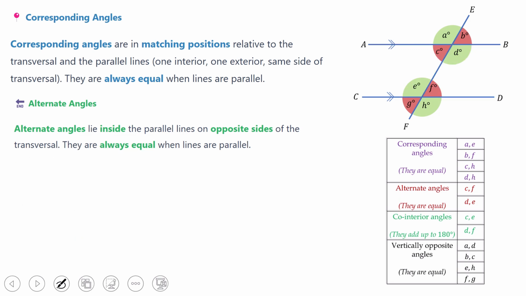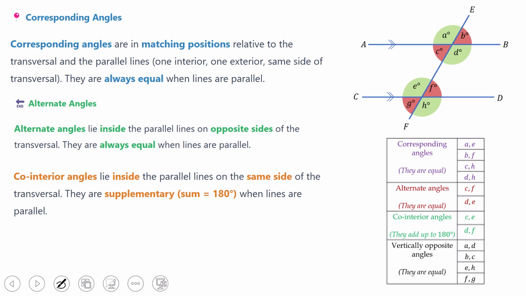Then we can talk of the co-interior angles. Now with the co-interior angles, they lie inside of the parallel lines and they are on the same side of the transversal. So take note of the difference between the alternate angles and the corresponding angles. With the alternate angles, they lie inside of the parallel lines and they are on opposite sides of the transversal.